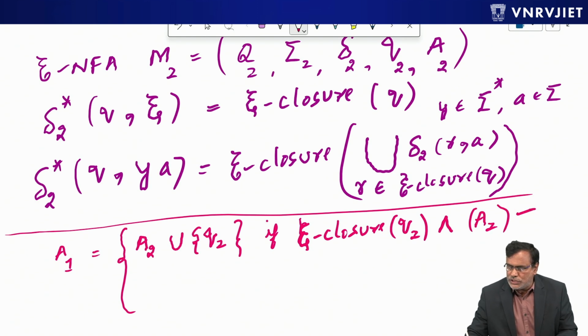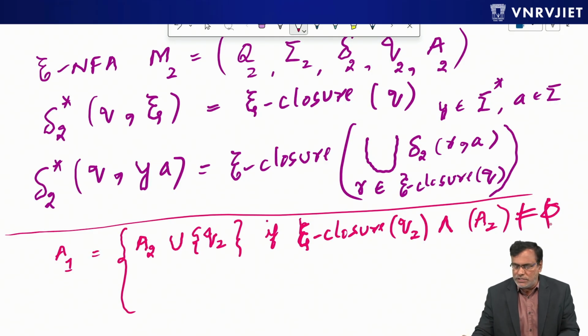If it is not equal to phi, be careful, then q2, the start state of epsilon NFA, will also be a final state in the NFA. That is the reason it has been given as A2 union q2. Otherwise, just A2.